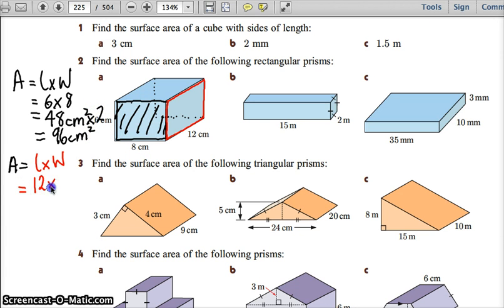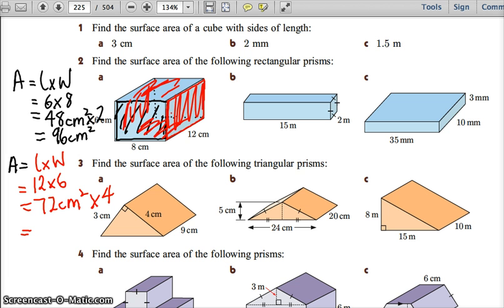So 12 by 6, 72 centimetres squared, gives me the area of that side, but I've then got a top that's exactly the same, I've got another side that's exactly the same, and I've got a bottom that is exactly the same. I have 4 of them. Yeah? We okay with that? I'm multiplying my 72 by 4. Okay? Can someone do that quickly, please?